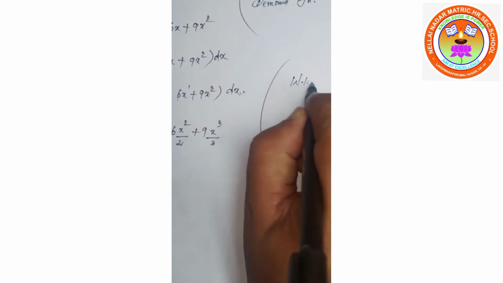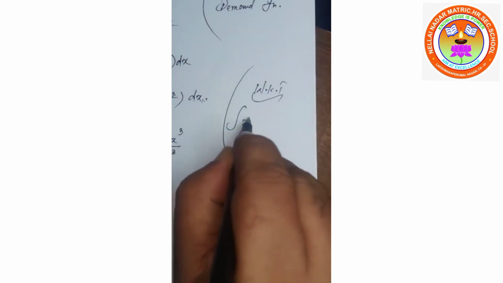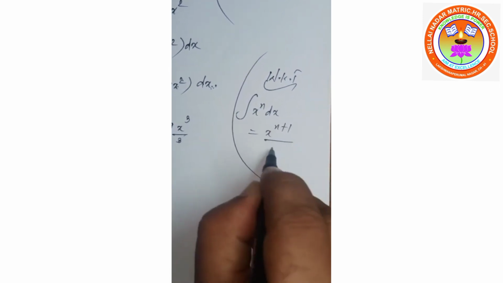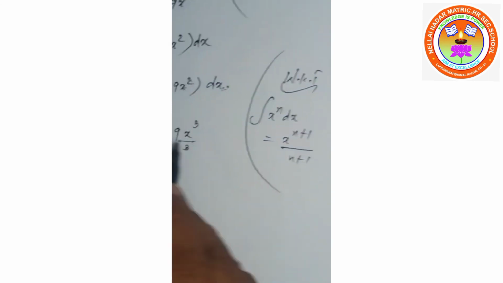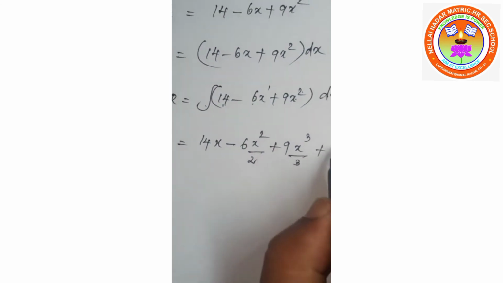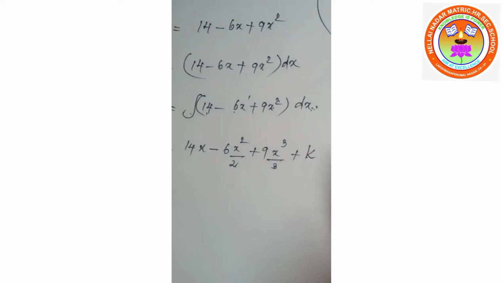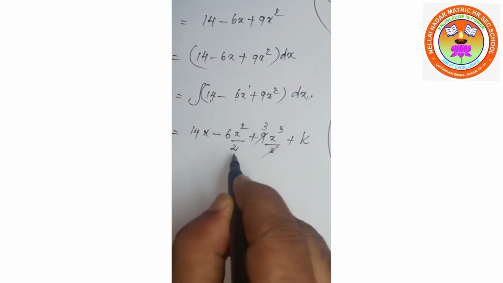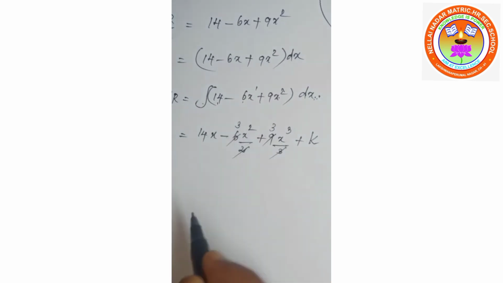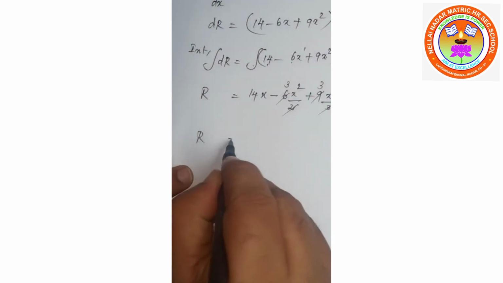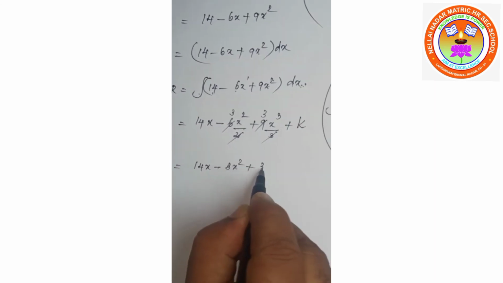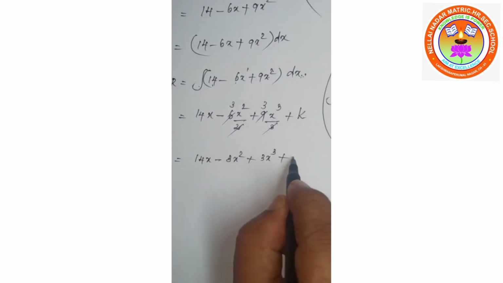For these two we have applied the formula integral x power n dx is equal to x power n plus 1 divided by n plus 1. Integration is over, so we have to introduce the constant k. The 3 can cancel 3 times, the 2 can cancel 3 times. So R is equal to 14x minus 3x squared plus 3x cube plus k.